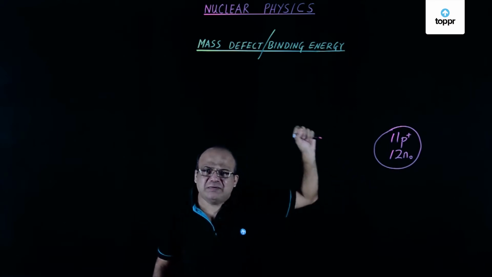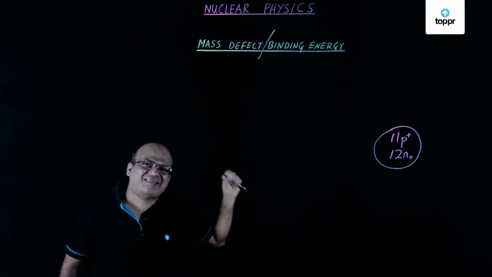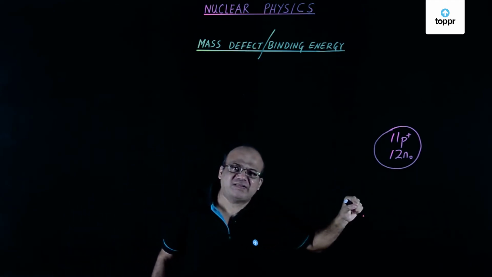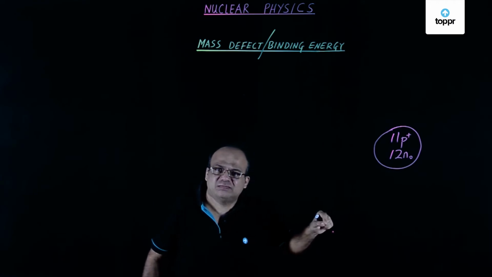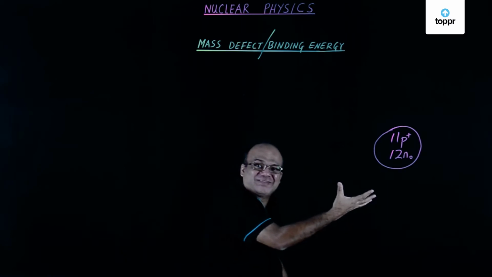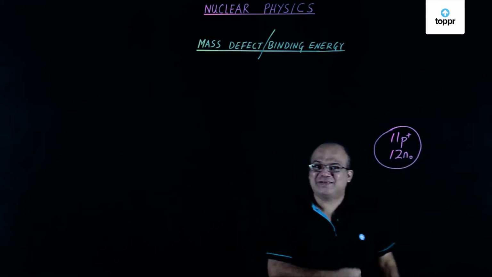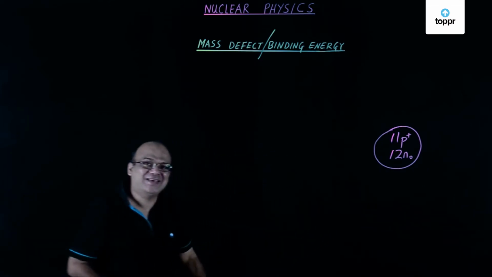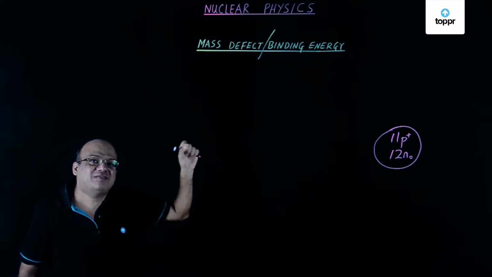Actually, the mass of sodium nucleus is less than the sum of the masses of 11 protons and 12 neutrons. You may wonder why. Ultimately, there are 11 protons and 12 neutrons here. So, how come the mass of the sodium nucleus is less than the mass of 11 protons and 12 neutrons?